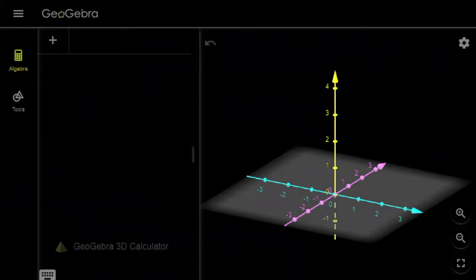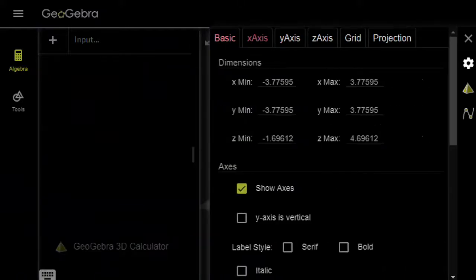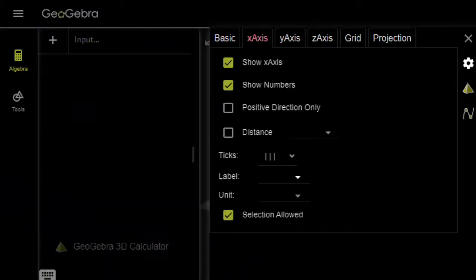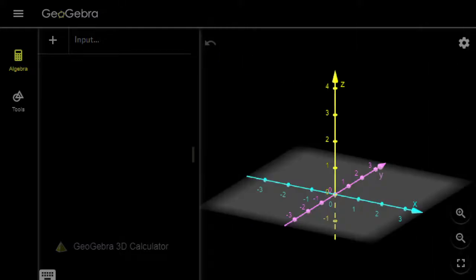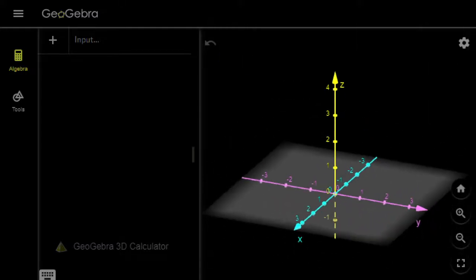All right, so here I am at GeoGebra. Let's put some labels on these axes so I can see what's going on. Going into settings, label the x-axis as x, the y-axis as y, the z-axis as z, and then spin the axes around to get them mostly in the orientation that you're used to seeing.